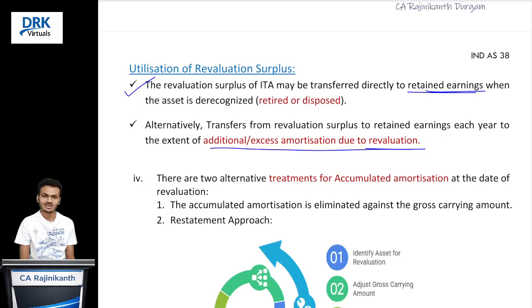As you know, if we get any revaluation gain, our amortization charge will definitely increase, correct? So the standard says that to the extent of that additional amortization charge, you transfer from revaluation surplus to retained earnings every year. This is the alternative, and this is the first one.